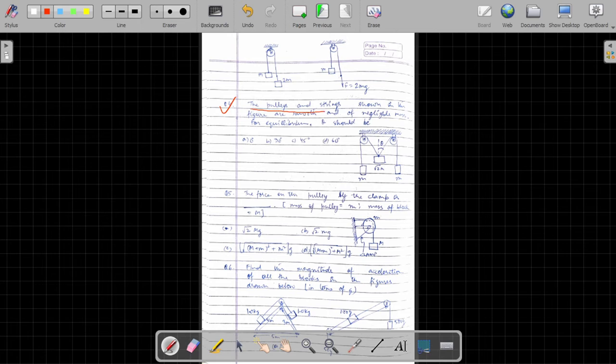The pulleys and strings shown in the figure are smooth and of negligible mass. As shown in the figure, these are the strings and there are three masses m, root 2 m and m. For equilibrium, theta should be?